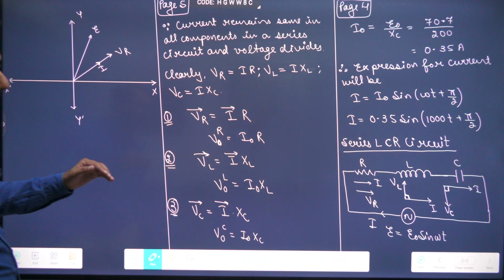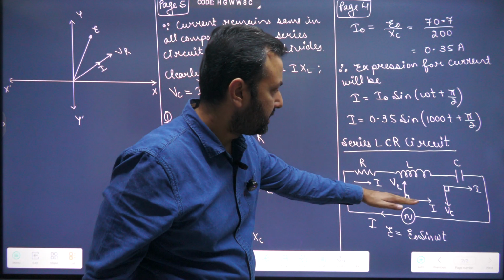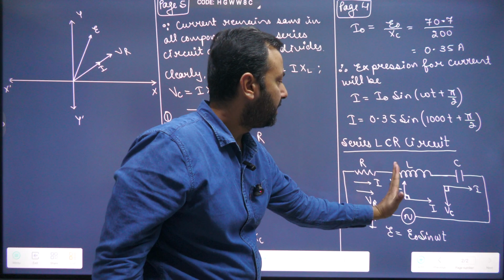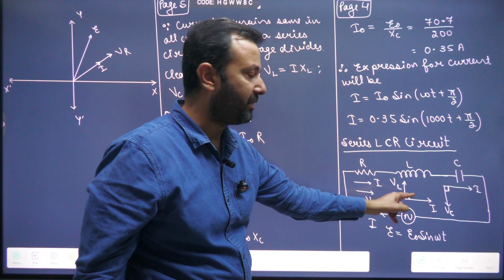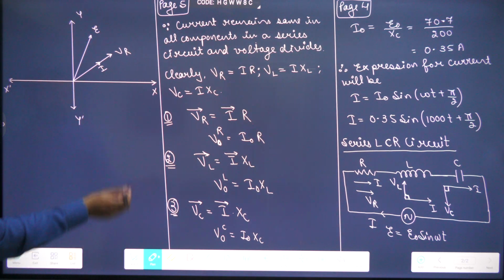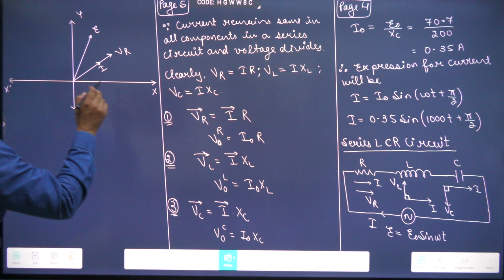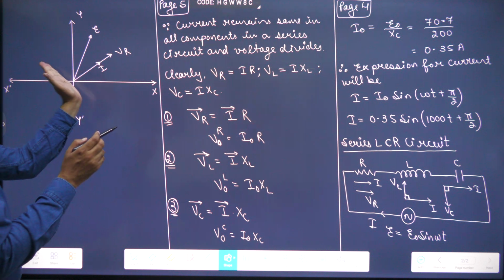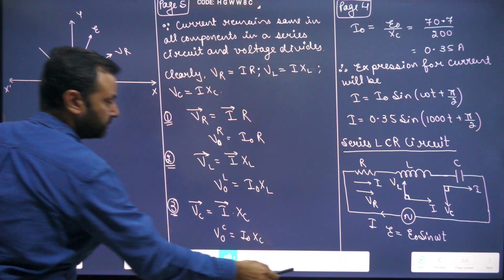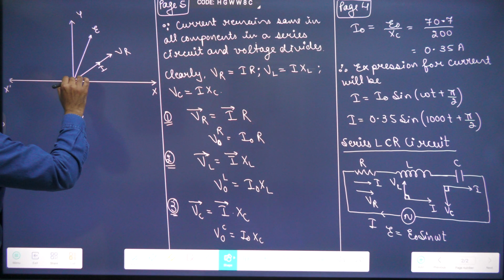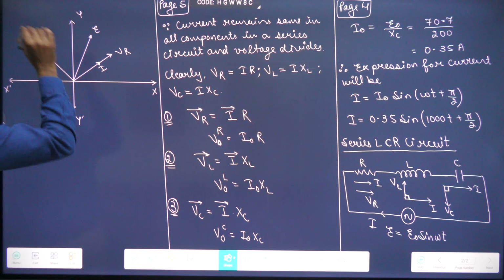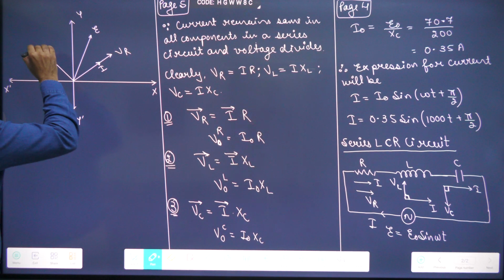Now, VR is in this direction and VL is in this direction. Means VL is 90 degree ahead of VR. So let's mark it here. This is VR and VL will be 90 degree ahead of VR. So this is VL.